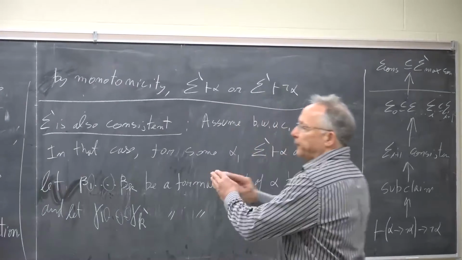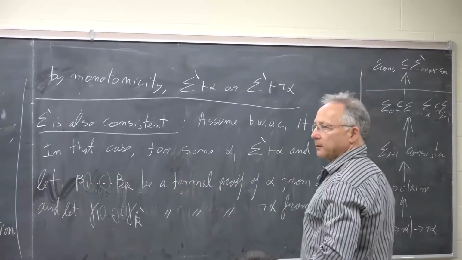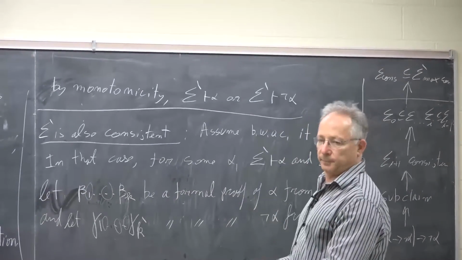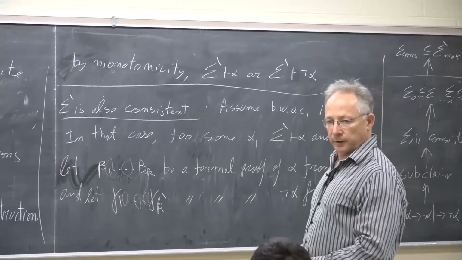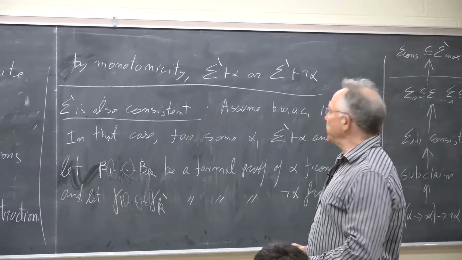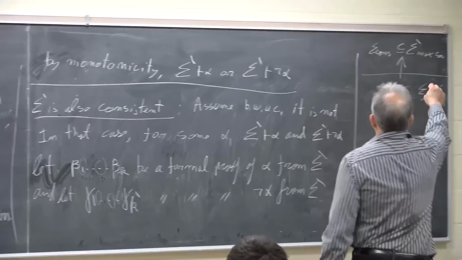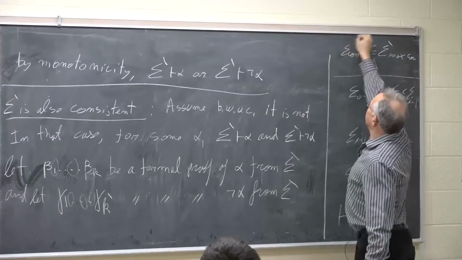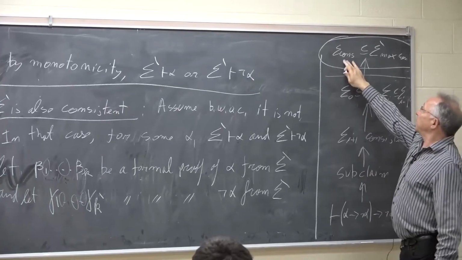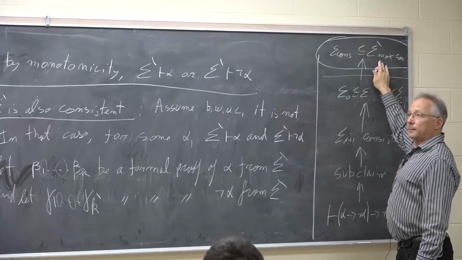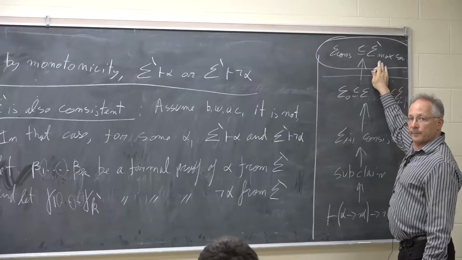So we showed that if sigma prime is inconsistent, then one of the sigma i's would have been inconsistent, which is a contradiction. So we finished the proof of this. We arrived here. Every consistent sigma can be extended to a maximally consistent sigma prime.